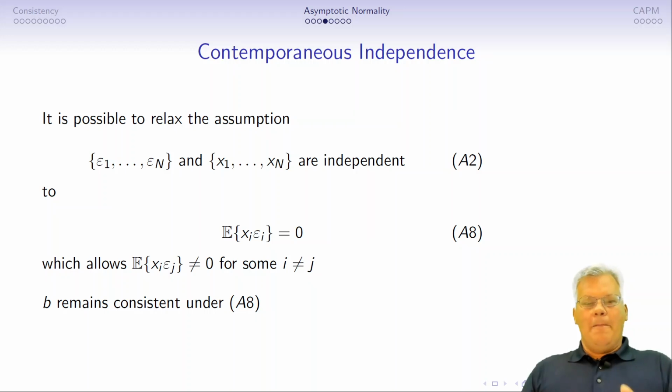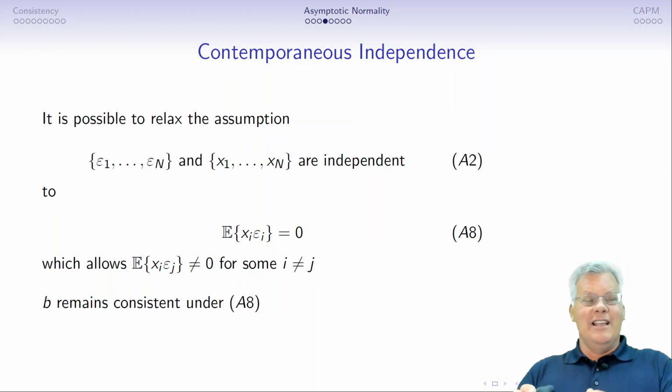So, GDP 2020 may be uncorrelated with epsilon 2021, right? That would fulfill assumption A8.